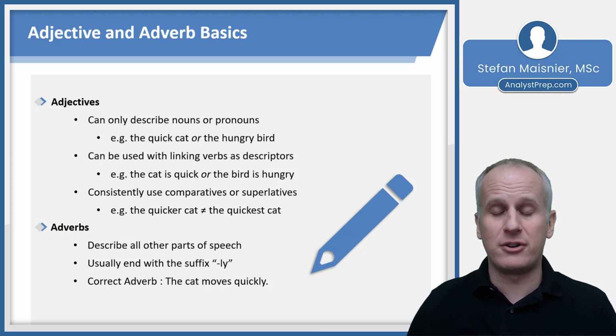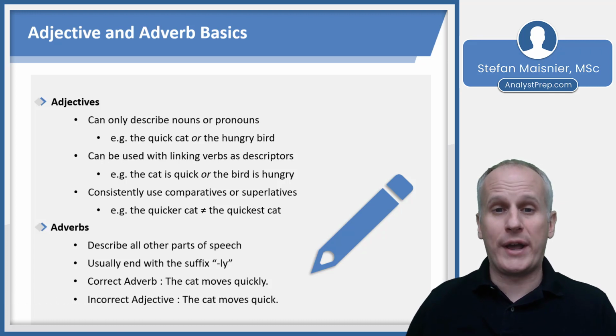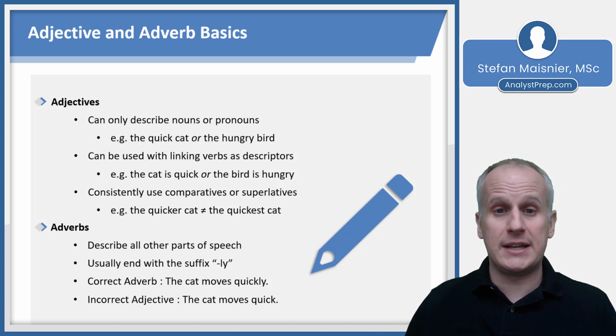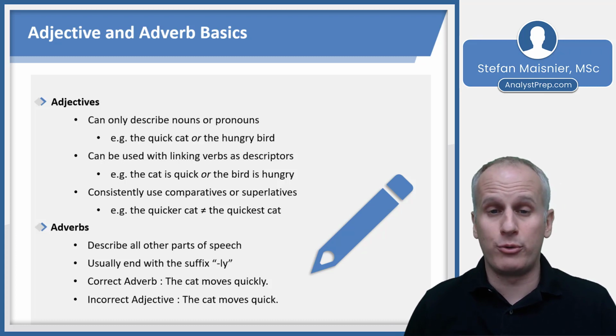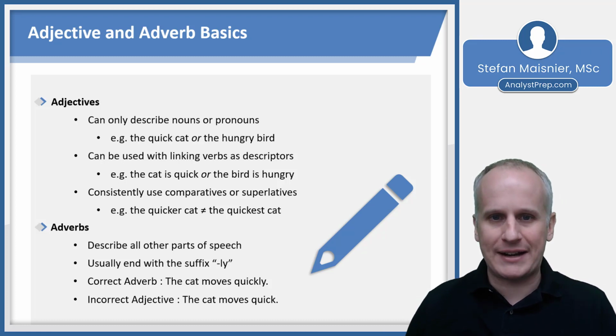So we use an adverb of quickly instead of simply saying the cat moves quick, because that would be an incorrect adjective usage. And we remember that the exam really likes to take advantage of conversational mistakes that you wouldn't catch unless you're really paying attention. If somebody says to you the cat moves quick in your real life, you'll go, yeah, I understand what's happening, but that is technically incorrect language.